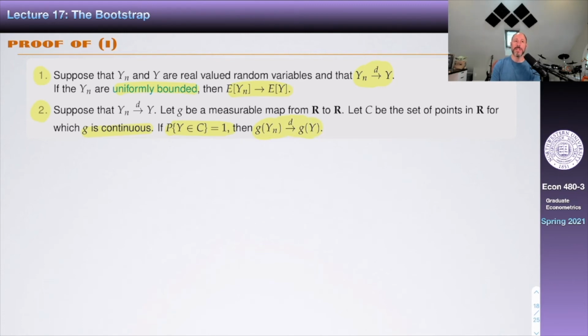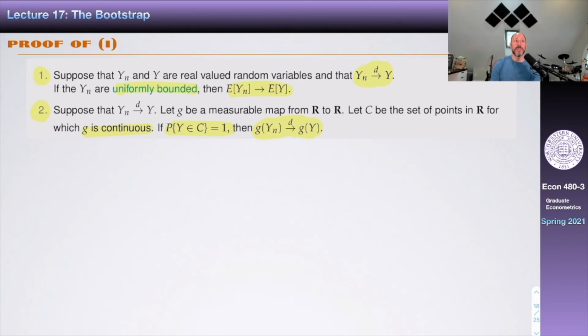I'm restating it to refresh your memory that the continuous mapping theorem actually allows the function g to be discontinuous at some points. You just need the set of discontinuity points to have probability 0 under the limiting distribution, which is something that is going to happen here. We may have one point or a set of points where this function is discontinuous, but that set is going to have 0 probability.